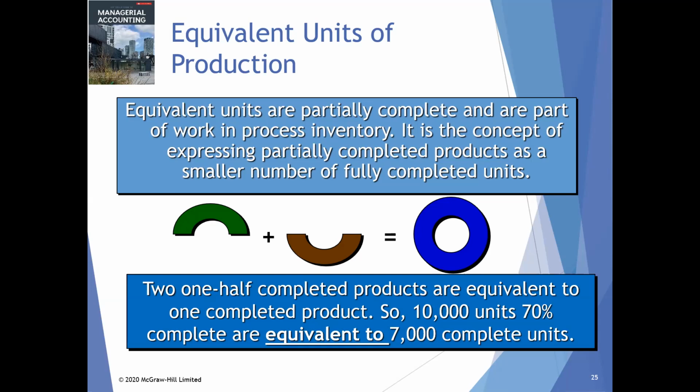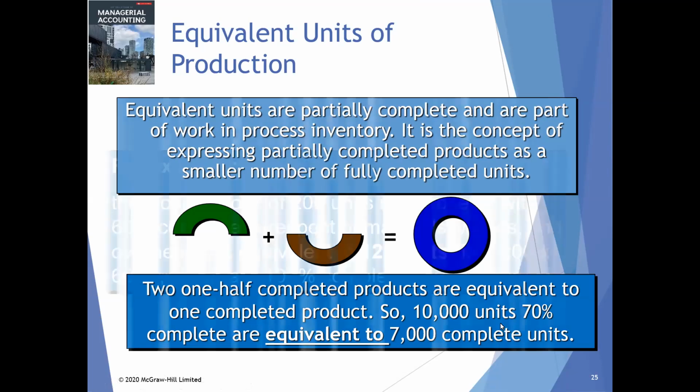But at the end of the period, maybe the end of a month or year, we need to calculate how many units we have produced. On the basis of cost divided by number of units, cost per unit will be calculated. So for that, 70% complete means 7,000 units are completed. This is known as equivalent units of production.